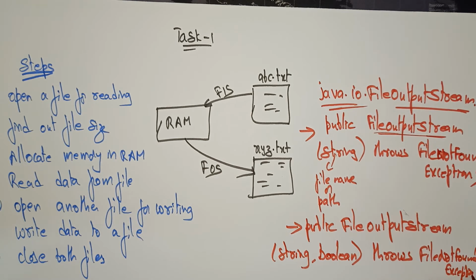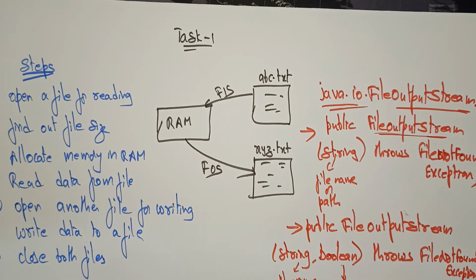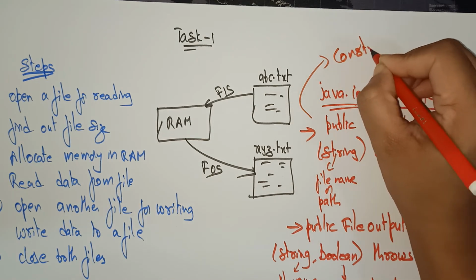So what will this constructor do? This constructor opens a file for appending. Here in the string place you can give the file name or path name, and this boolean is for append mode. These two constructors are required for this task.